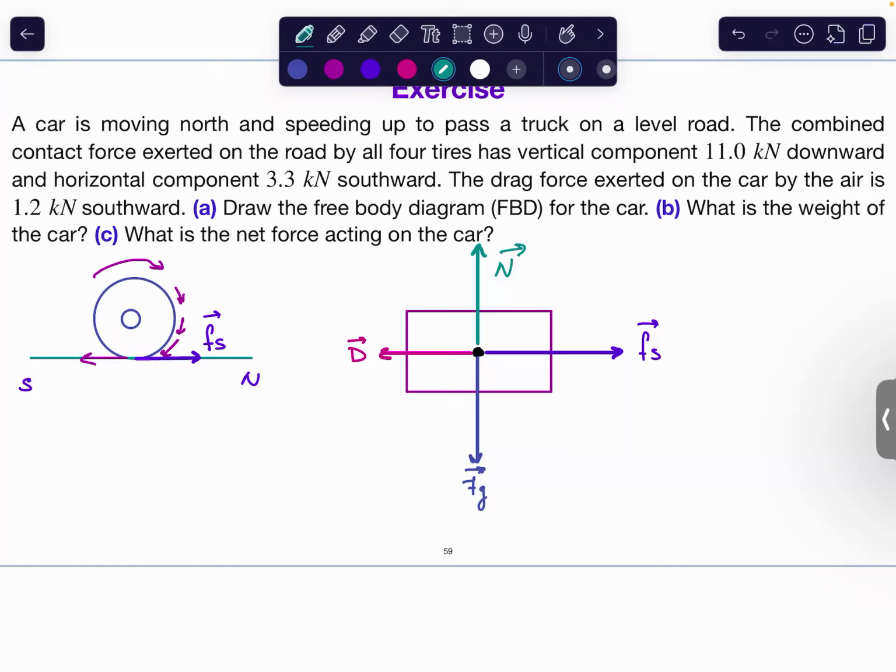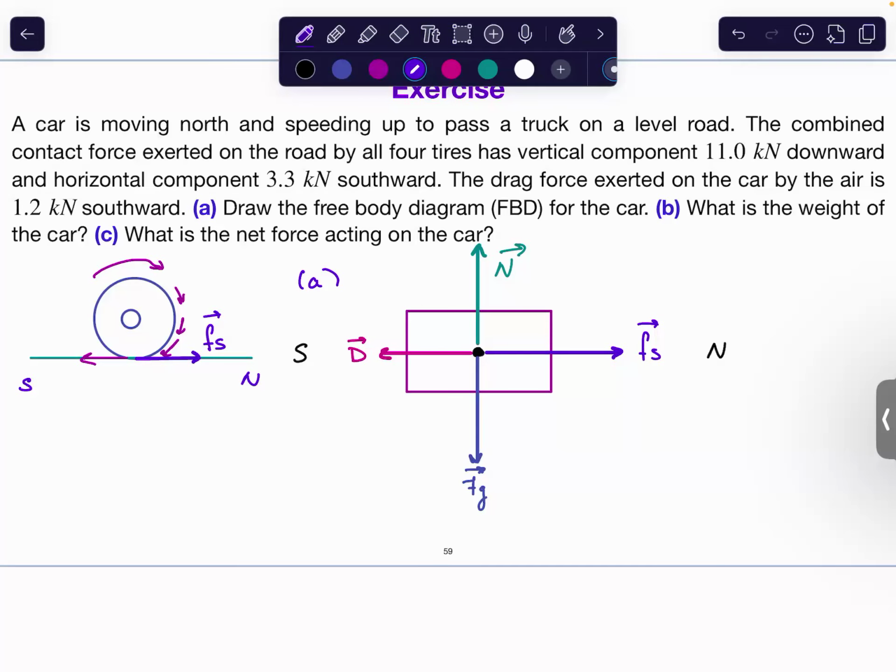Okay, so that is our free body diagram. And again, we'll mark north, south, because that can help us later on.